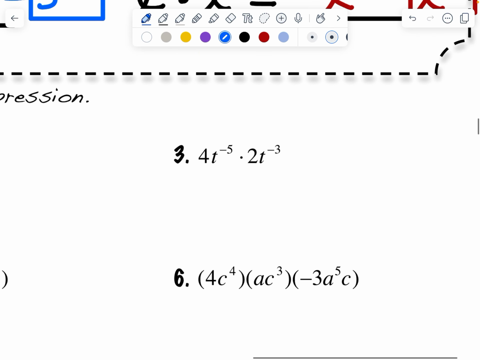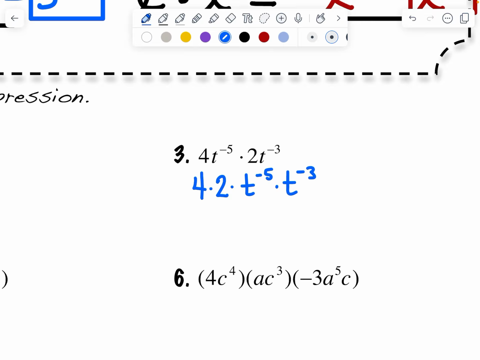So for number 3, you have 4t to the -5th power times 2t to the -3rd power, right? So the 4 is separate from the -5th power there. So we're going to take these, and we're going to reorder them. We're going to say 4 times 2 times t to the -5th times t to the -3rd. Now, one of the reasons why I have students do this is they know that 4 times 2 is equal to 2 times 4 by the commutative property, and 2 times 3 is equal to 3 times 2.